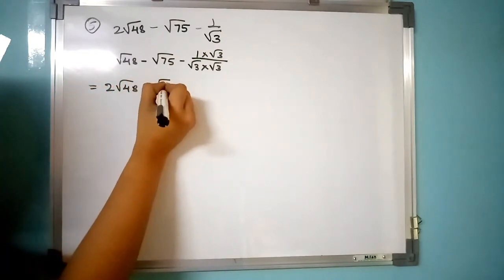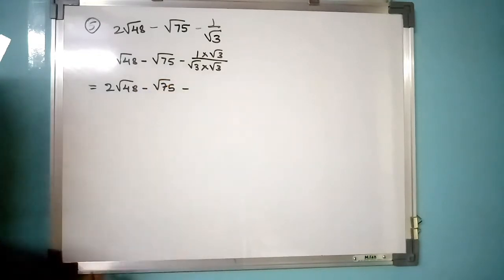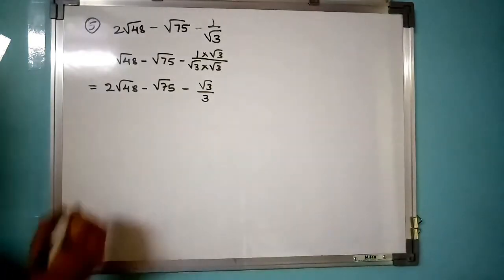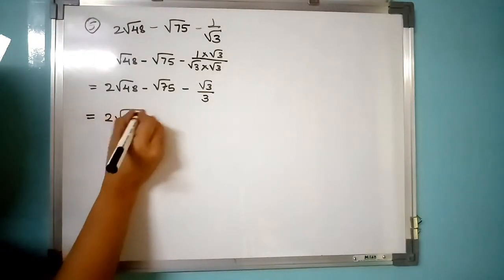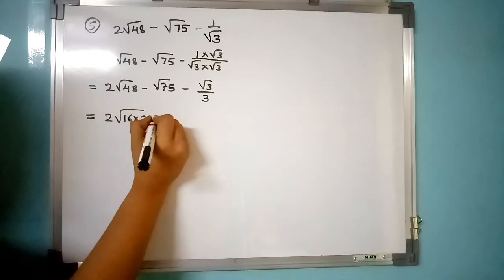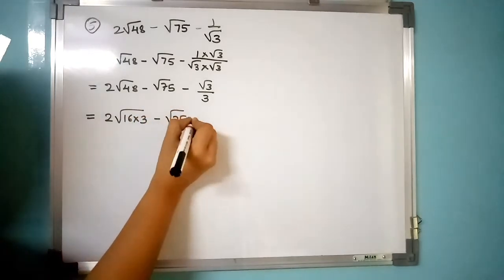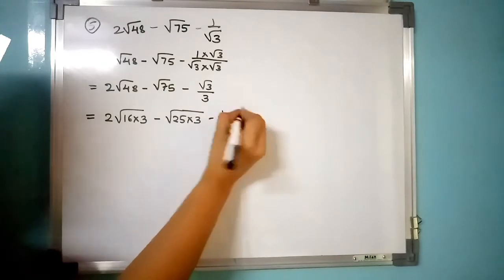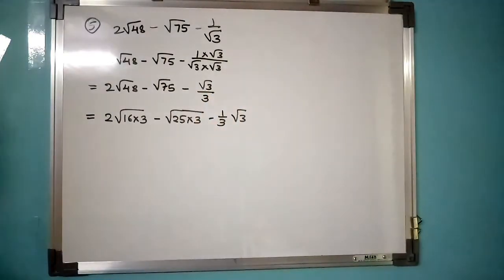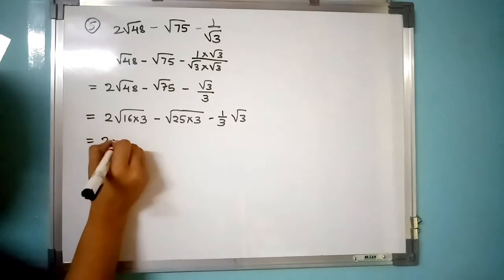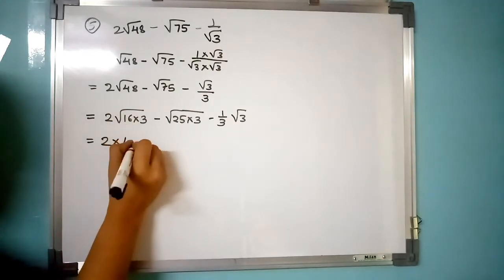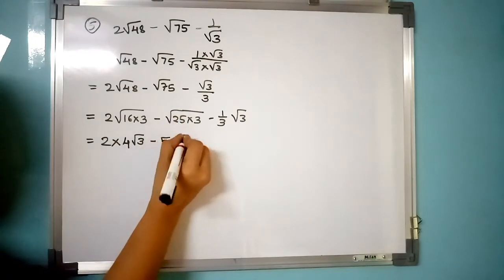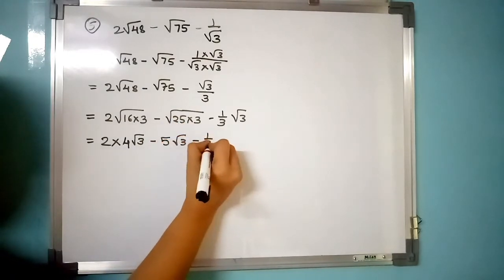After rationalizing, it gives minus sign as it is, root 3 upon 3. 48 is split like 16 into 3. 75 is 25 into 3 and root 3 as it was already. 16 means 4 root 3, minus 25 means 5, 1 upon 3 as it is.